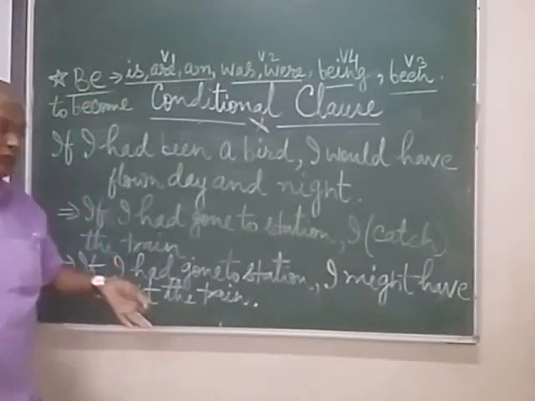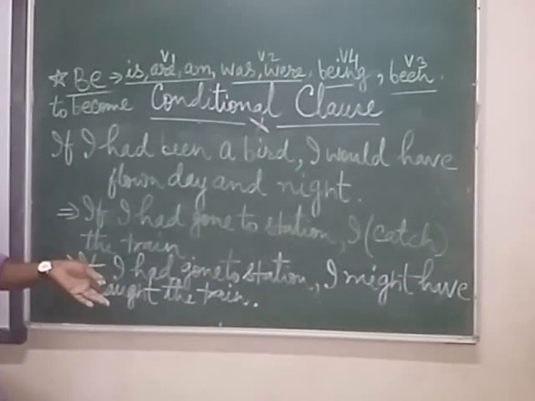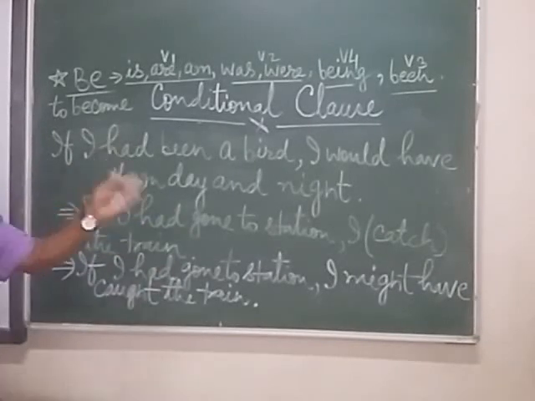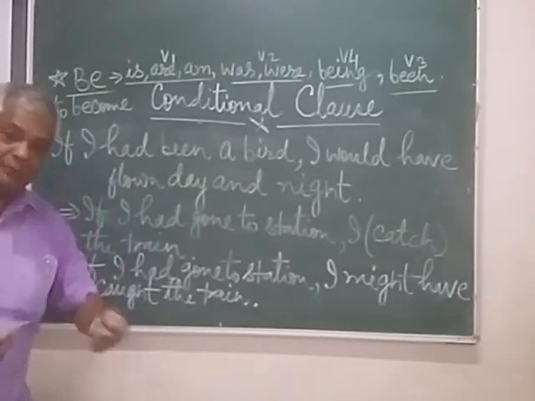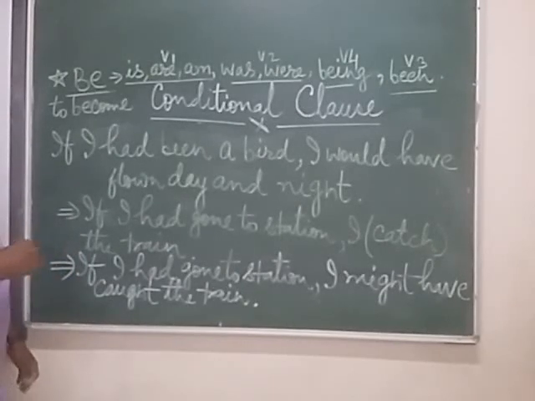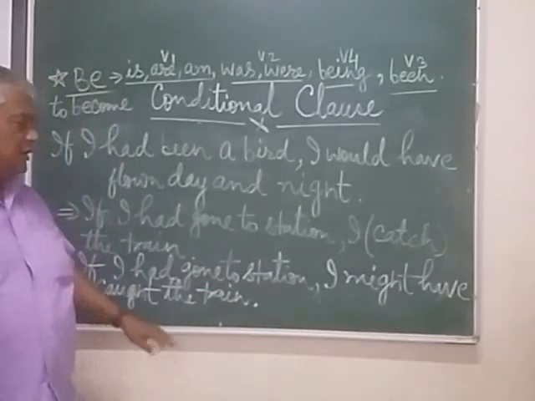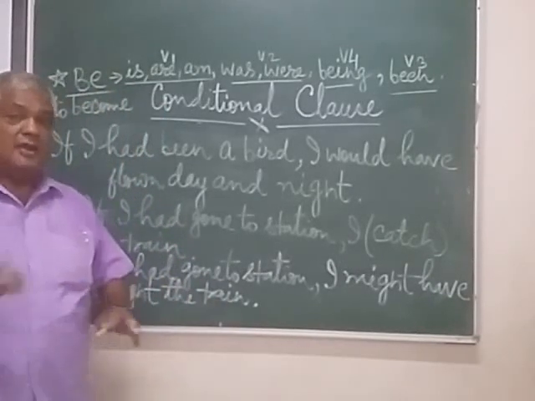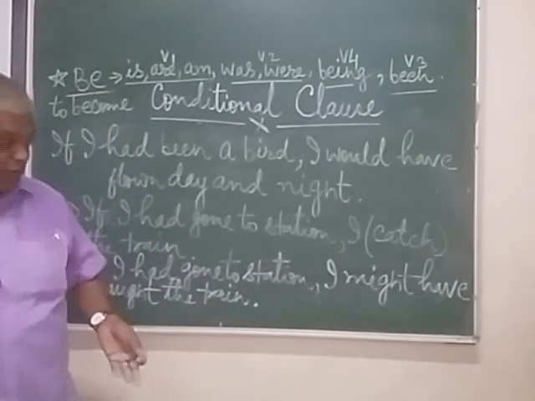You also have to make the same exercise, because this sentence is from past perfect. Now the next sentence, which I have given you the structure, and according to the structure you can change from the bracket word. So if I had gone to station, the next sentence will be subject plus would, could, might plus have plus V3.